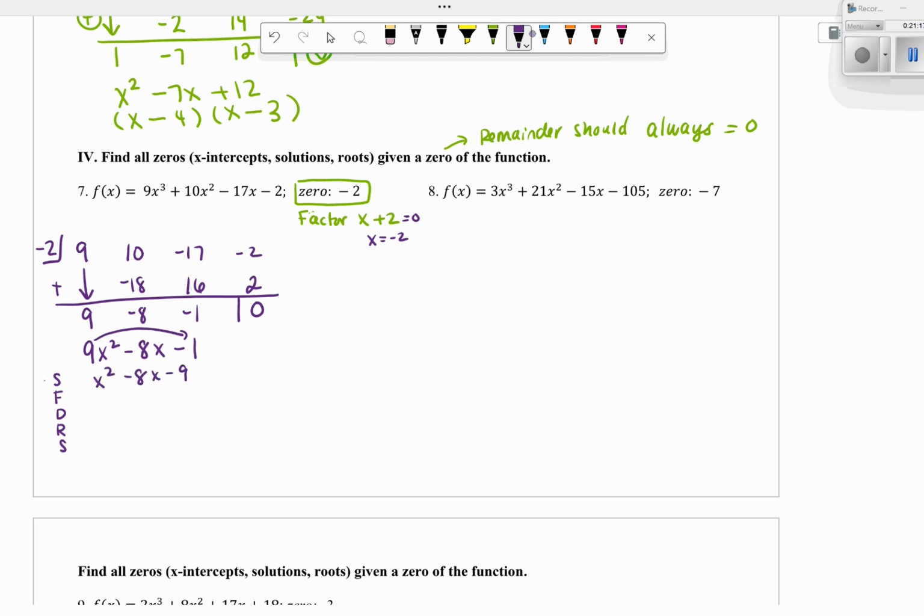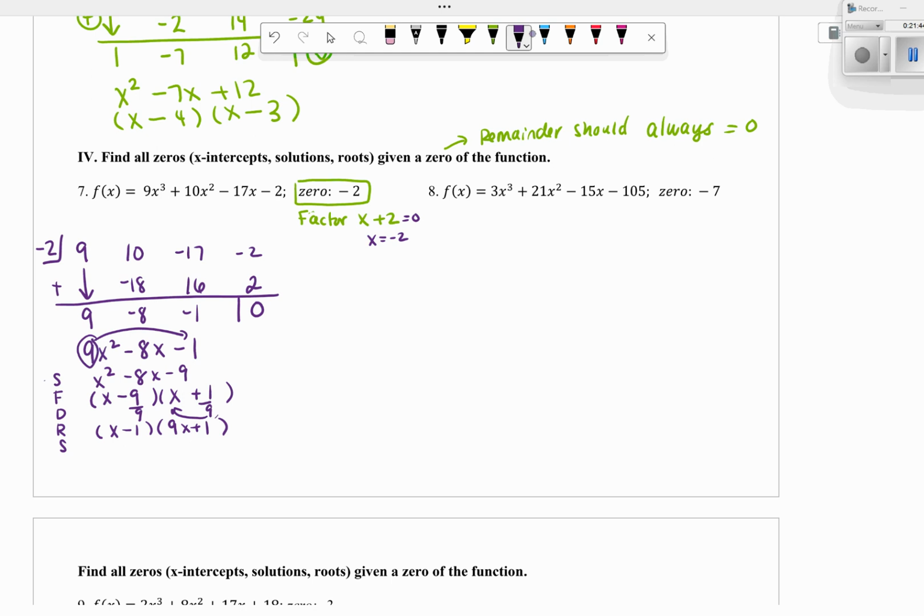So now we need factors of -9 that add up to -8. So when we write our factors, we know that would be -9 and +1. And then if we move the 9 from the beginning, we have to divide it back out. Reduce our fractions. So 9 over 9 gives us x minus 1. And then this doesn't reduce, so the 9 swings in front. So 9x plus 1 would be our factorization.